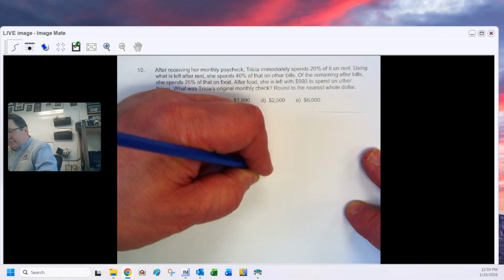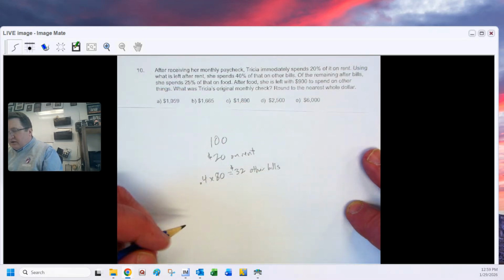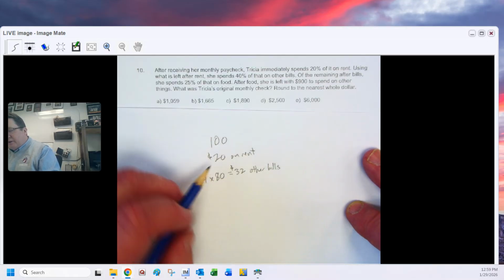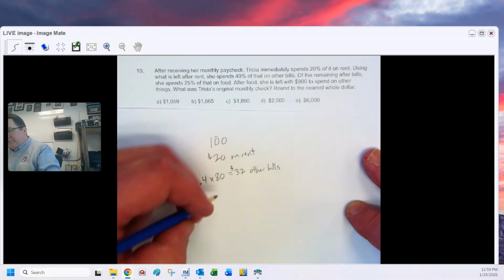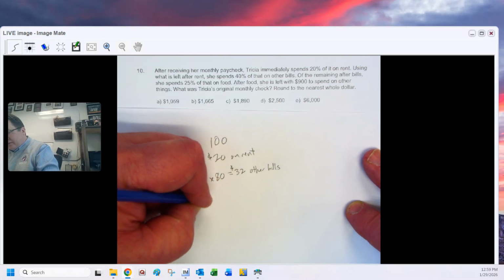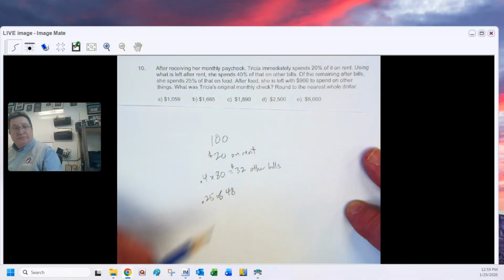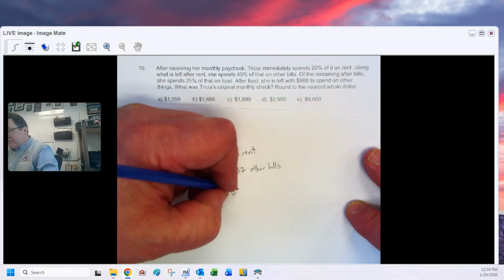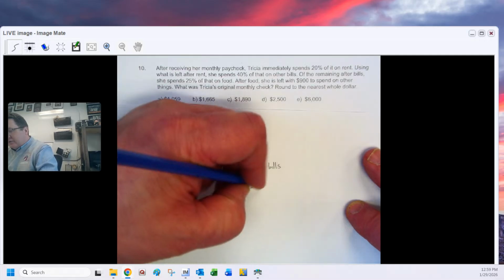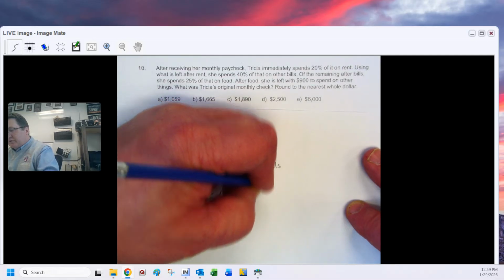Then of the remaining, she spends 25% on food. We have spent $52, so we're going to spend 25% of 48. 100 minus 52 is 48, and 25% of 48 is 12, and so that's on food.